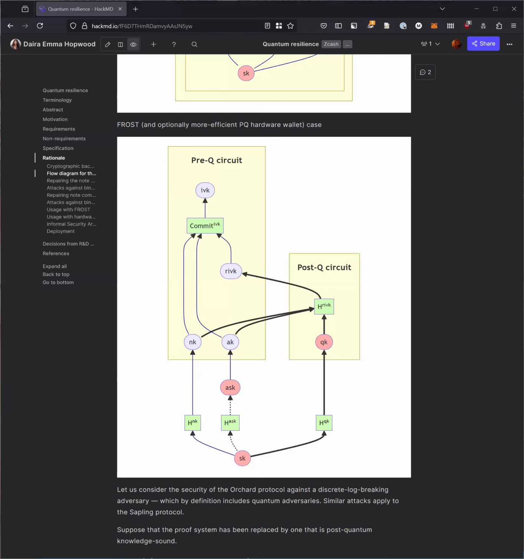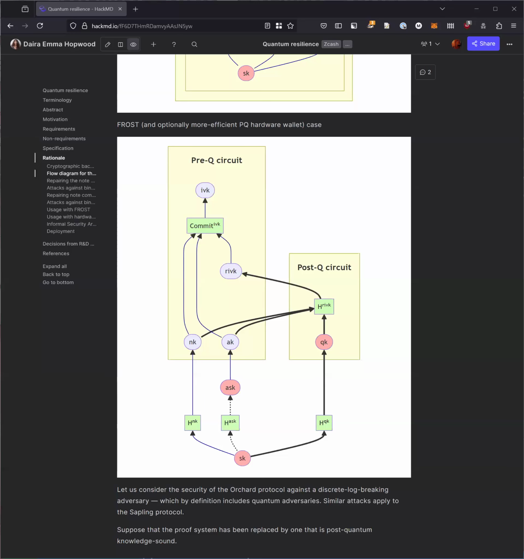For Frost, you need to store your key share and whatever material you need somewhere. So in my view, it's okay for people to use this, and then we add a new option, where you can now generate quantum resistant Frost wallets, and people can decide to migrate their funds to a new Frost wallet.